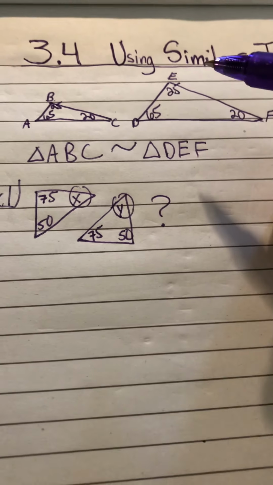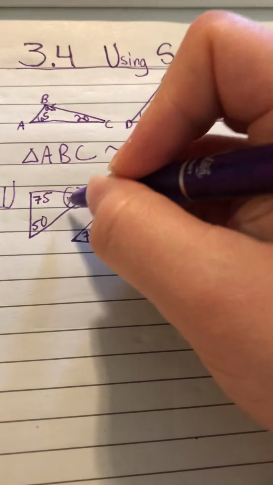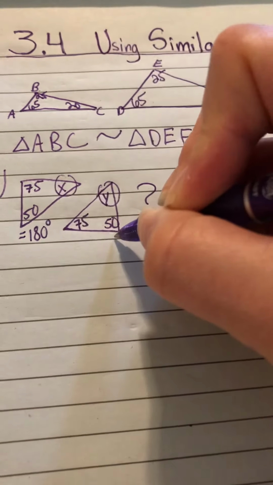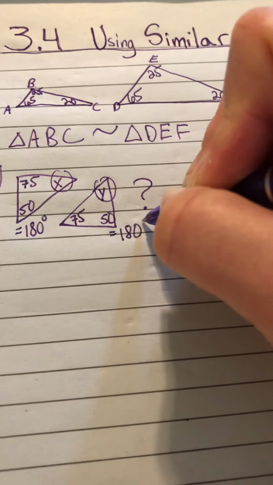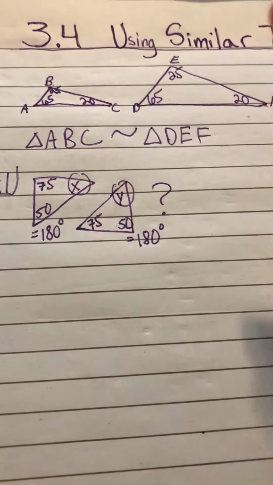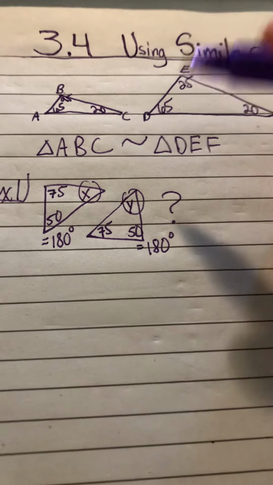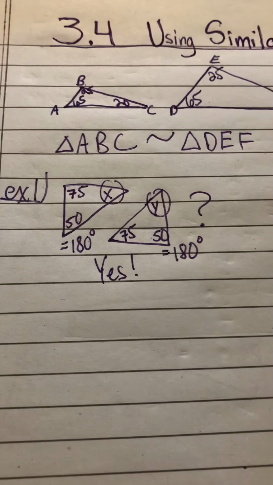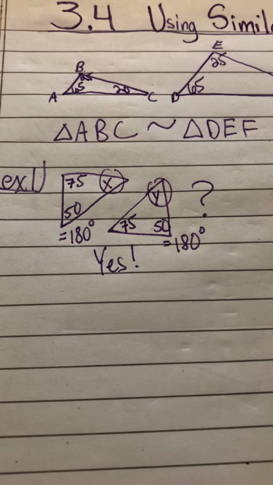Because if you remember back to our past lessons, we know that all of these must equal 180 degrees. All of these must equal 180 degrees. And if two of the angles are the same, then the third ones must also be the same. So we can say, yes, these triangles are similar triangles.